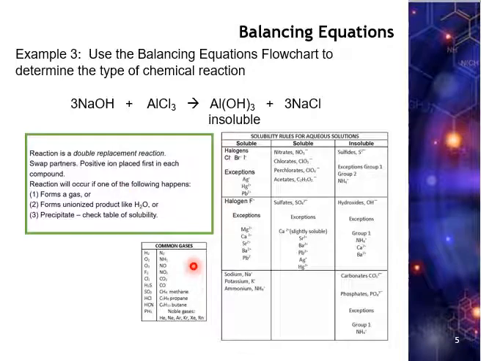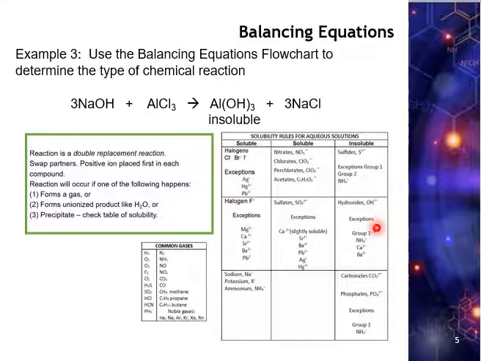This is your list of gases. You will have the list of gases on your test. You do not have to remember them. Or it forms water, or one of the products will be insoluble, won't dissolve. The hydroxides are not soluble, they won't dissolve.